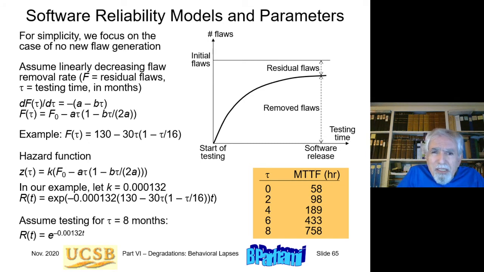So that's 30 tau, 1 minus. Yeah, B divided by 60 is 1 over 16. So B is 60 over 16, or about 4.